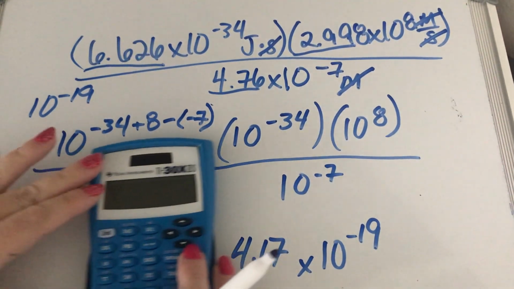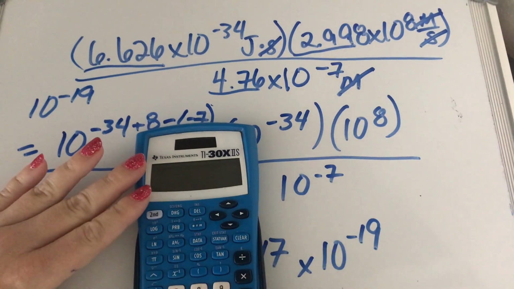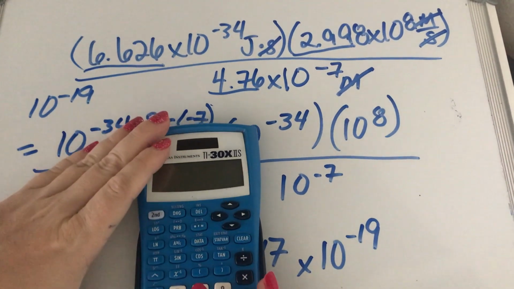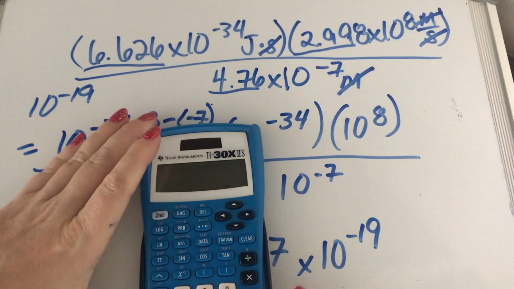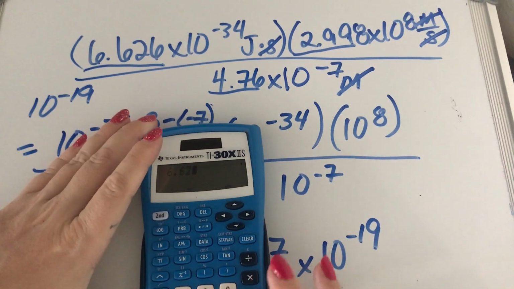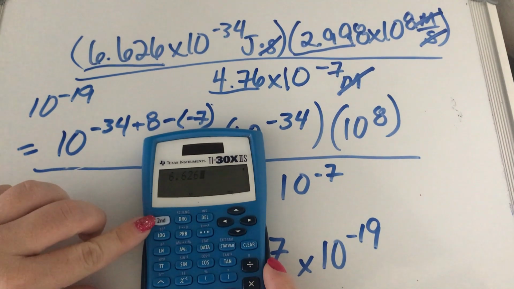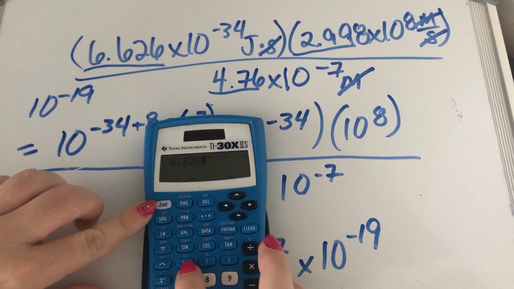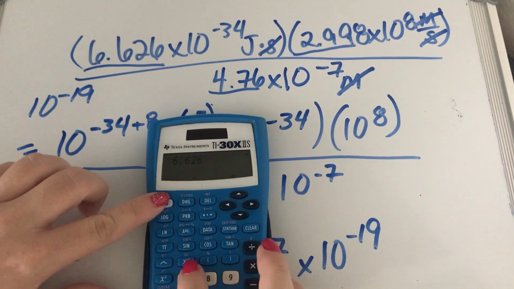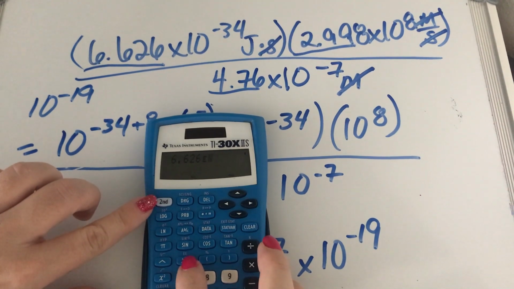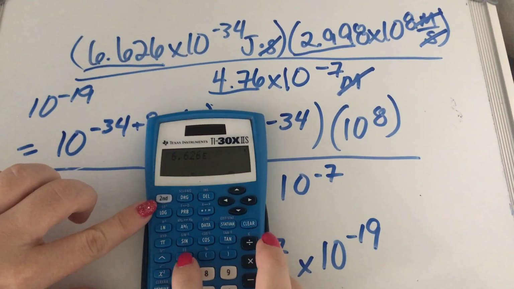So, looking at this in the calculator, I have 6.626, and I'm going to use the secondary function EE, right? So I go second, and then press the EE button.